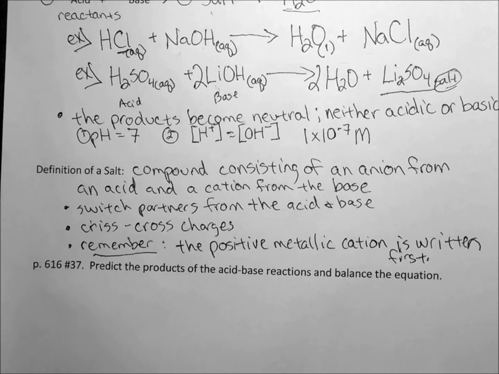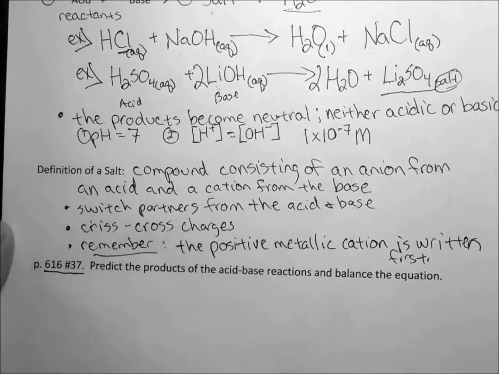Okay, so we're going to practice 3 practice problems where I'm going to give you the reactants. I promise you they'll both be an acid and a base. That's how you know it's neutralization. You guys are going to practice getting the products. Those of you watching at home will do the first one together, and I'll expect you to do the other 2.